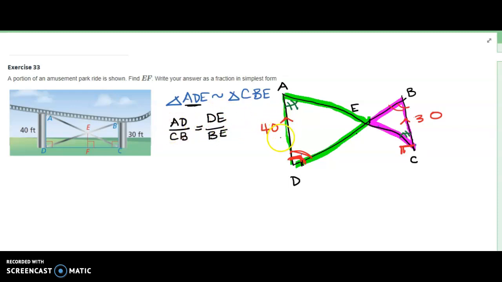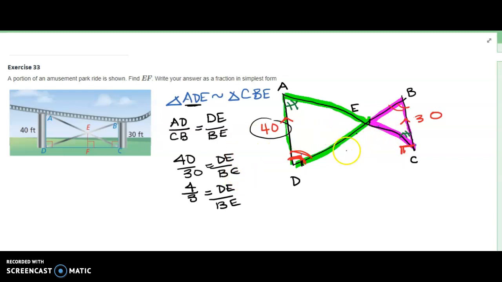Okay, now AD, guys, is 40, so 40 over 30 equals DE over BE. Now I can simplify this a little more to just 4 over 3 equals DE over BE. Okay, so I don't know the length, but I know the scale factor.